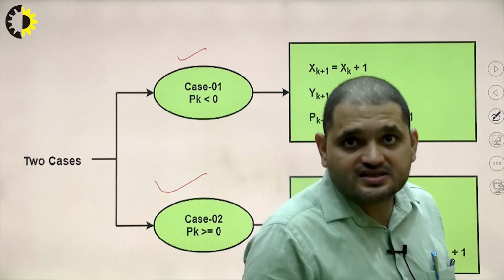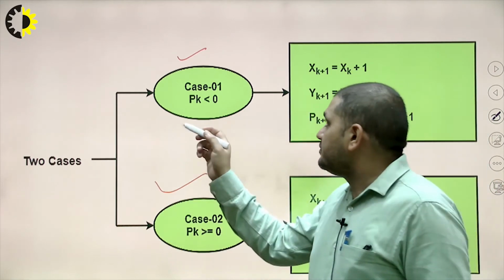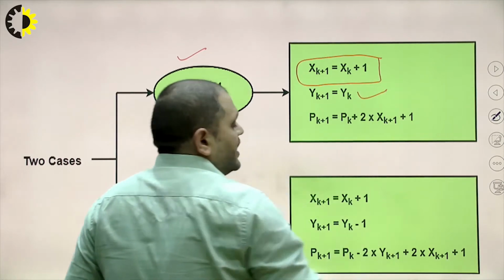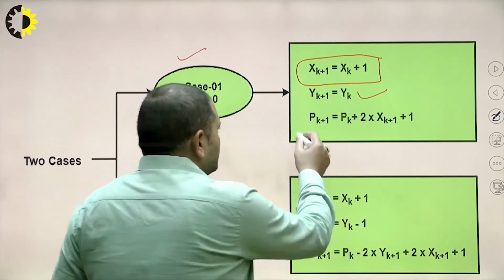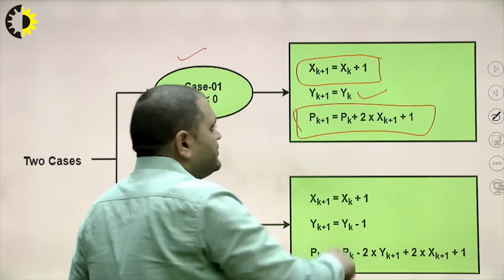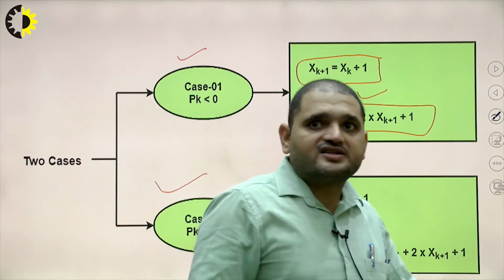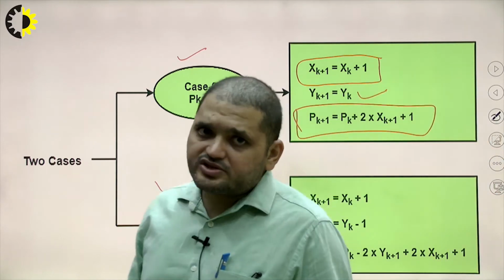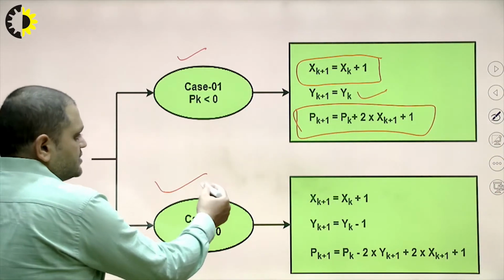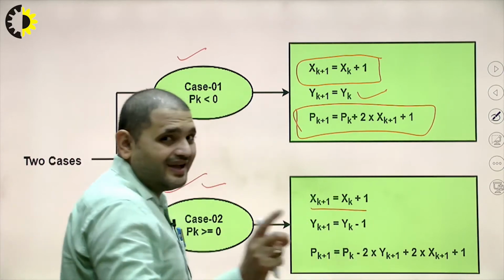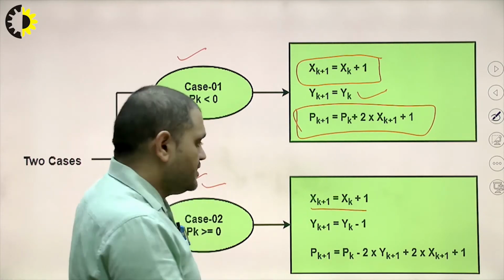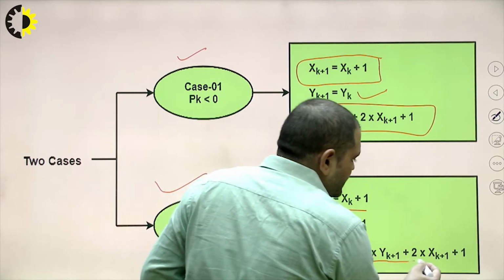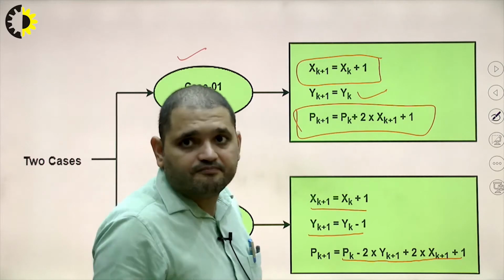If pk is less than 0, then we will increment 1 in x and y will remain the same, and the next value of pk will be pk plus 2xk plus 1 plus 1. And if pk is greater than or equal to 0, then we will increment in x and decrement in y, and the new decision parameter value will be pk minus 2yk plus 1 plus 2xk plus 1 plus 1.